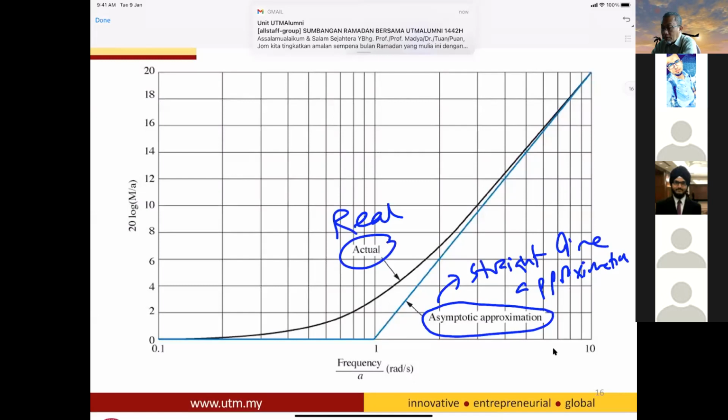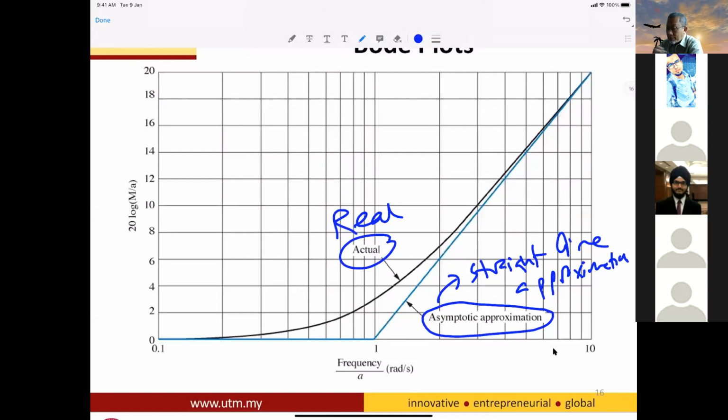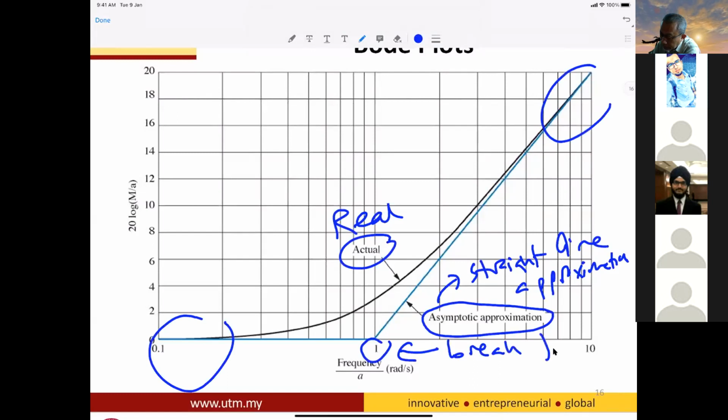Please remember, actual is real, and asymptotic approximation is the straight line approximation. So there's not much difference. The change is in this part, which is known as the break frequency.